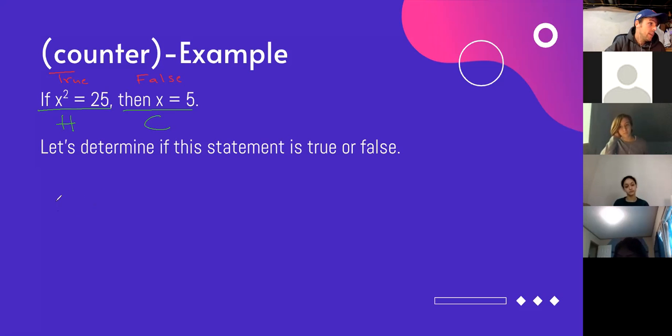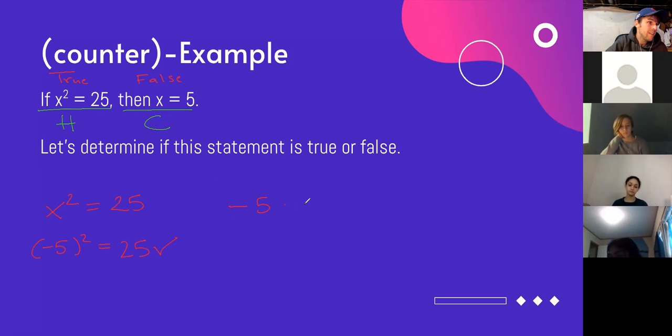And I'm seeing the answer in the chat. Yeah, x squared equals 25. If we do negative 5 squared, that is indeed 25. So that works. It's a true hypothesis, but it's not 5. It's false here. It's not equal to 5.